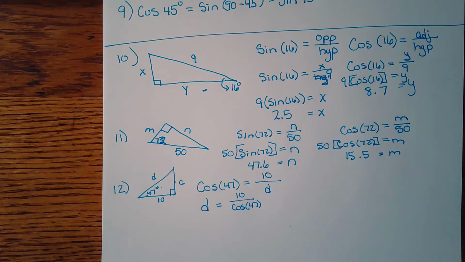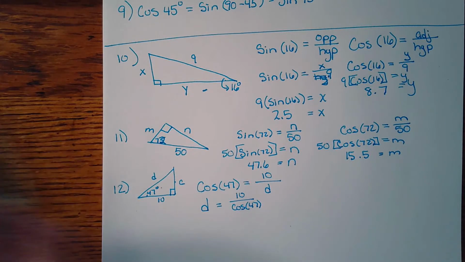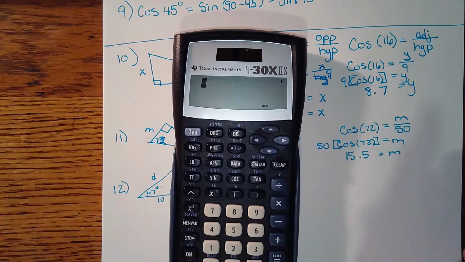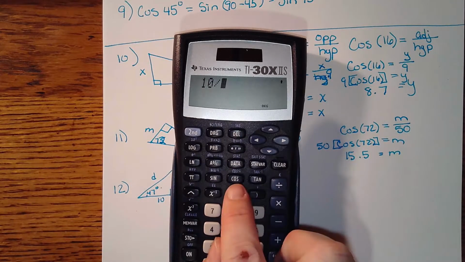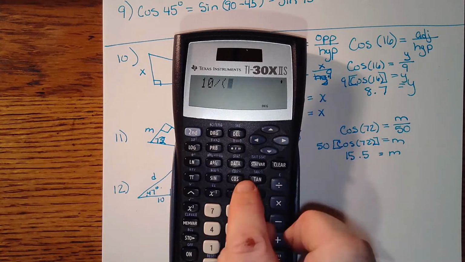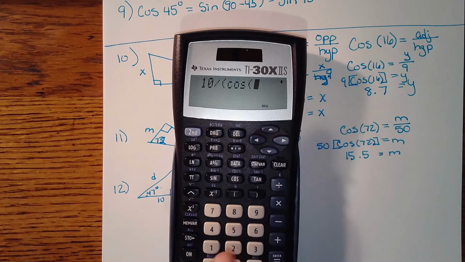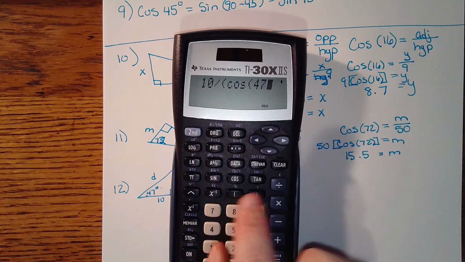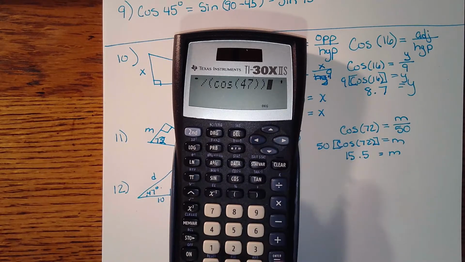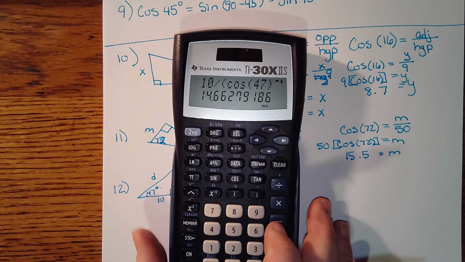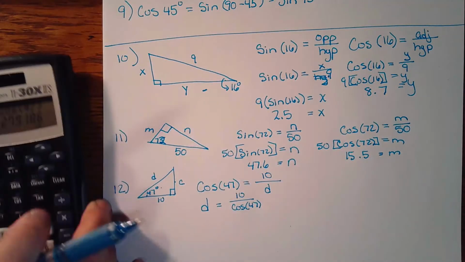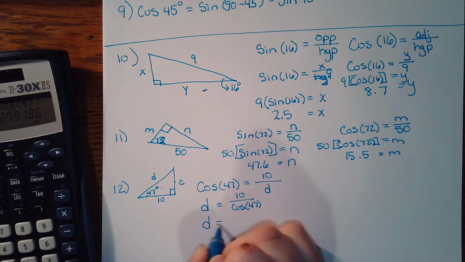When we put this in the calculator, we're going to have 10 divided by, and I put parentheses after it to keep it from getting lost, cosine 47, and then we hit equal. This should give you 14.7. So D equals 14.7.